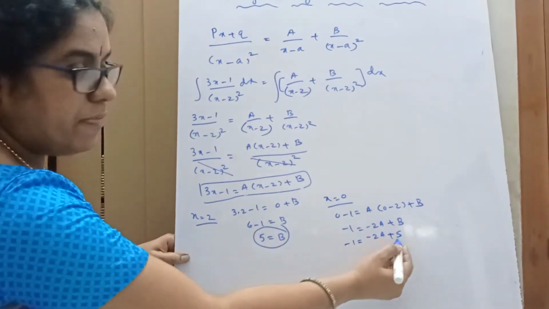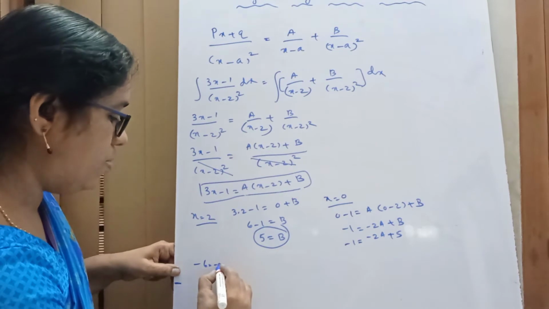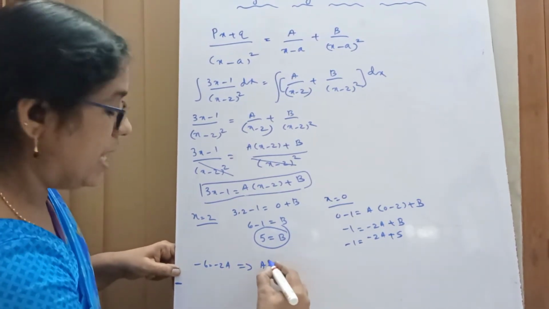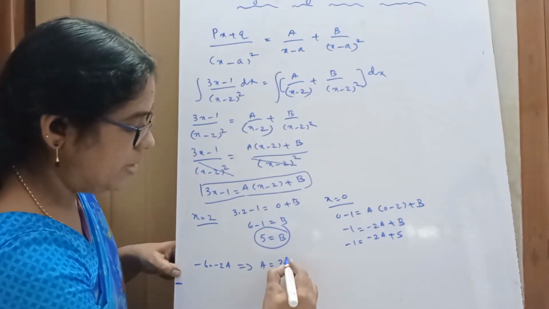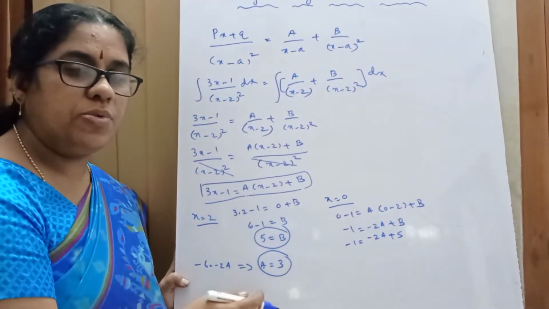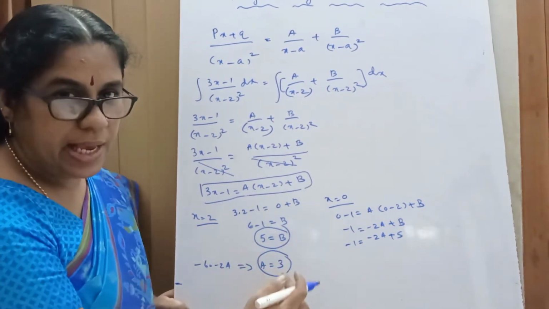Taking 5 to this side, we get minus 6 equals minus 2A, which implies A equals minus 6 by minus 2, that is 3. So we got two constants A and B. Any doubt in this? So simple, no.